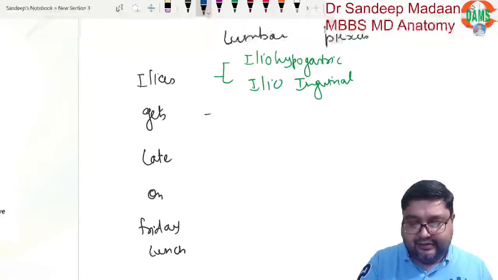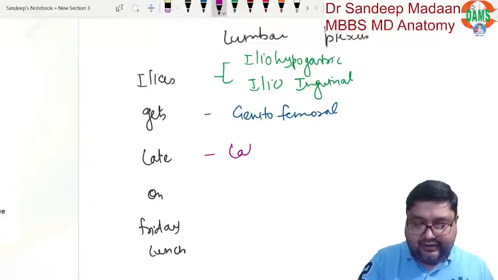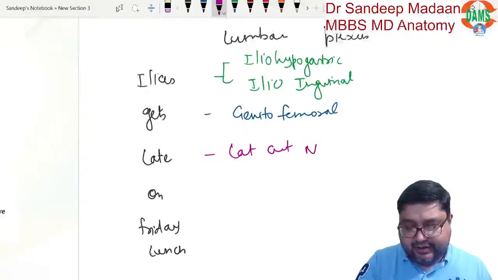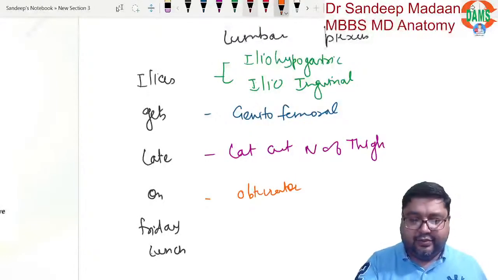Then we have the genitofemoral nerve. And the lateral cutaneous nerve of thigh. Then we have the obturator nerve and femoral.